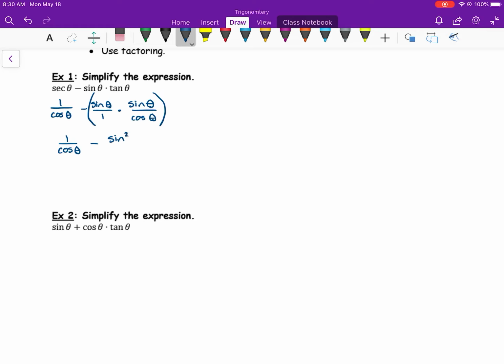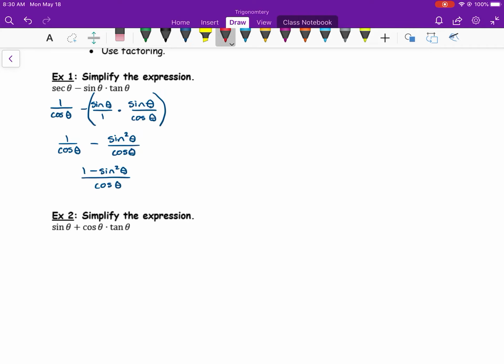This gives me minus sine squared of theta over cosine of theta. Now, since we have common denominators, I'm just going to combine my fraction. So 1 minus sine squared of theta over cosine of theta.